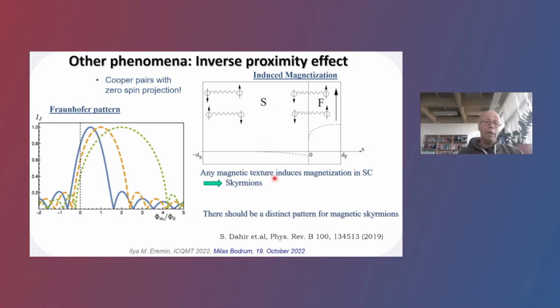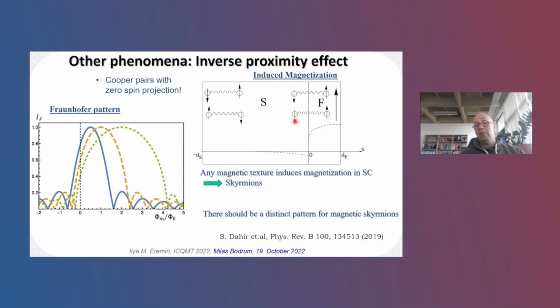So now coming back to the true proximity effect, one of the interesting proposals would be that once you have a skyrmion at the interface with a superconductor, it will also create Cooper pairs.